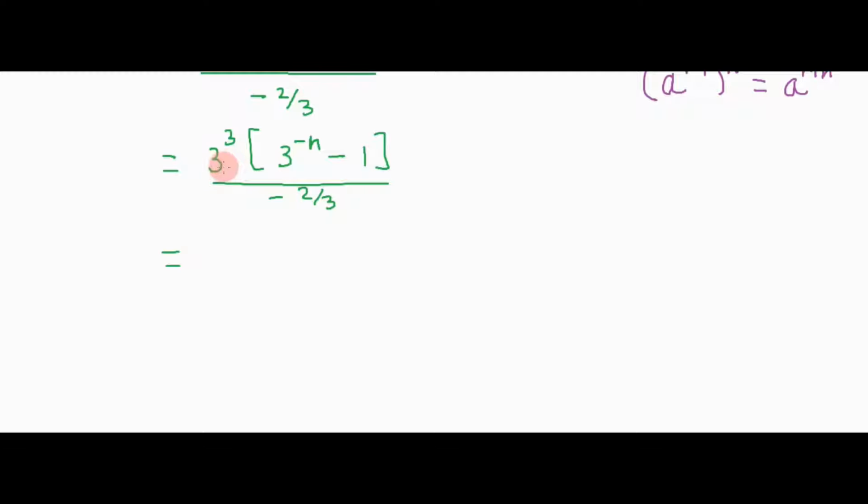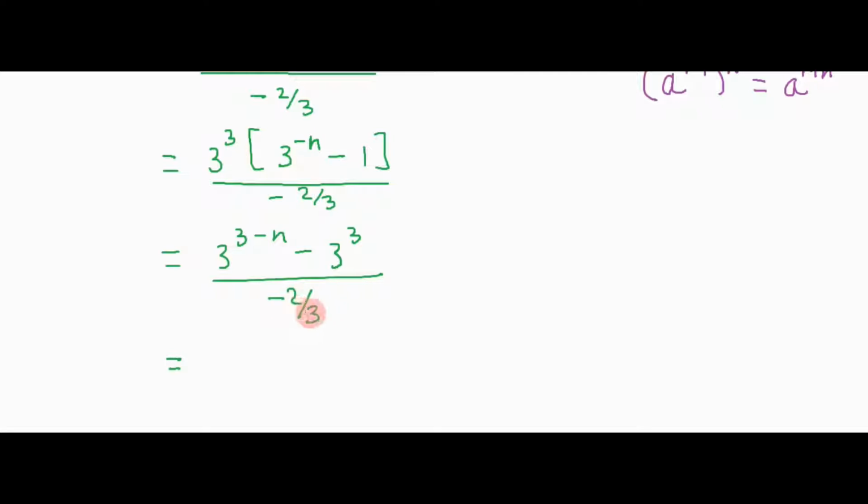We can multiply the 3 cubed into the brackets, and adding the powers, because the bases are the same, it's 3 to the 3 plus negative n, which is 3 to the 3 minus n, and minus 3 cubed in the numerator, and this is all over negative 2/3.